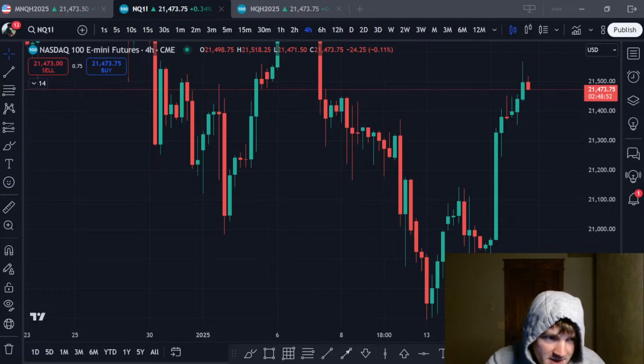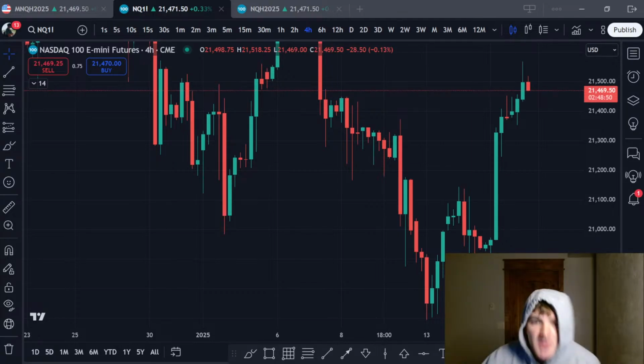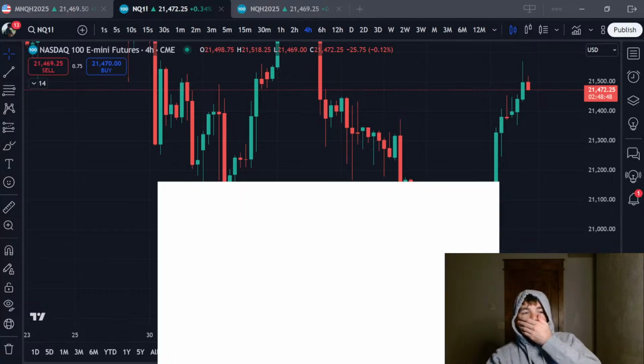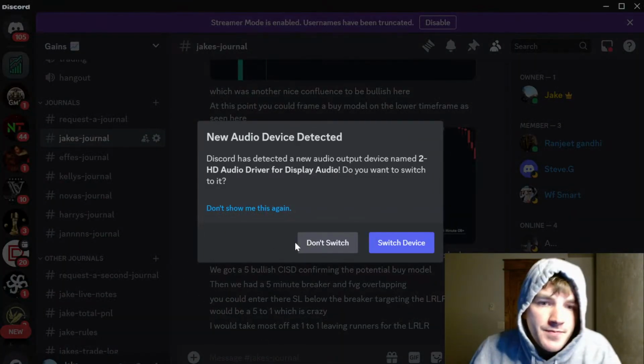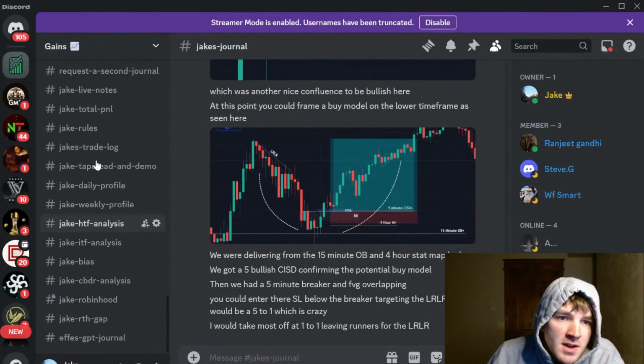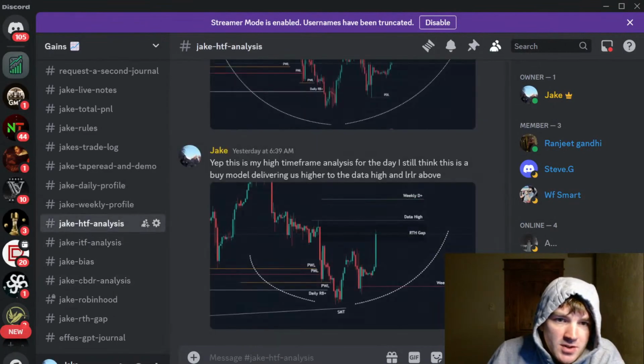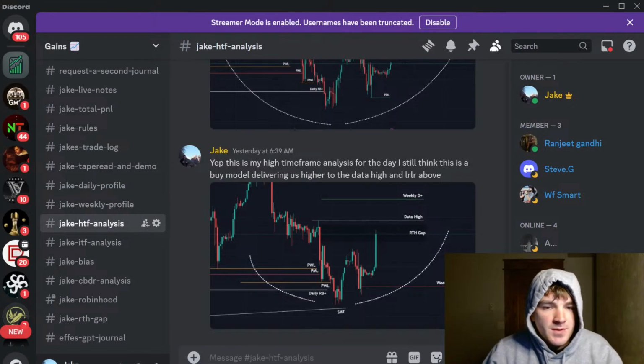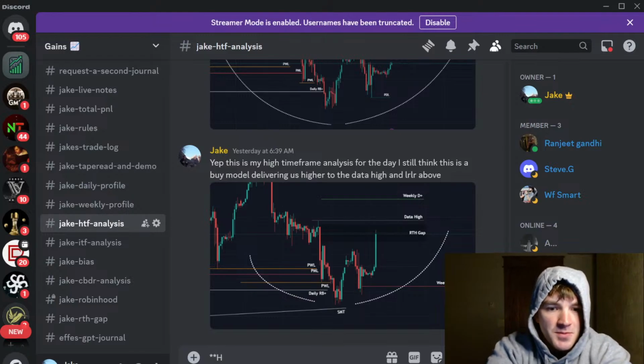So we're just going to start with high time frame analysis, and then it shouldn't take that long, and then I'll set everything up on my other chart.